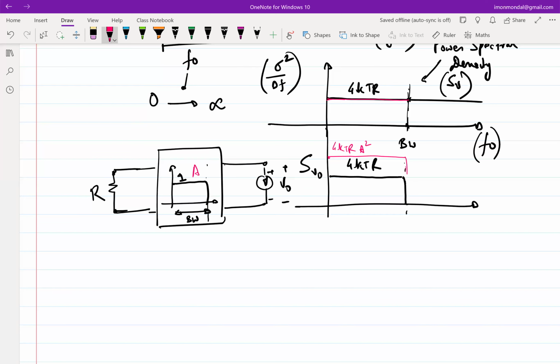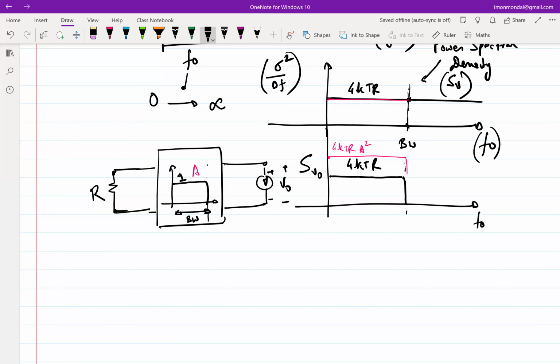Now, the next question is, if I want to capture the total power that I'm observing at the output, whereas power spectral density is the power within that delta F bandwidth, right? Or rather, power spectral density, in principle, is the power within 1 Hertz bandwidth. Variance over delta F is a power spectral density.